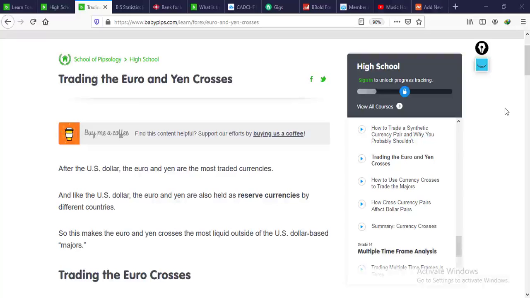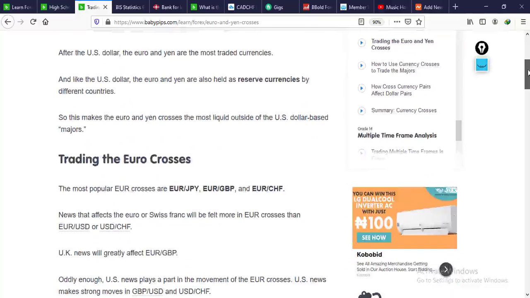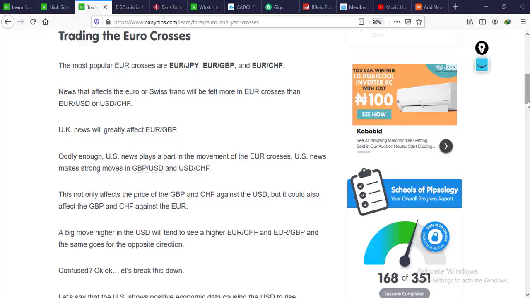And like the US dollar, the euro and the yen are also held as reserve currencies by different countries. So this makes them very liquid cross currencies outside of the US dollar. In trading the crosses that involve the euro, the most popular pairs you want to pay attention to are EUR JPY, EUR GBP, and EUR CHF.